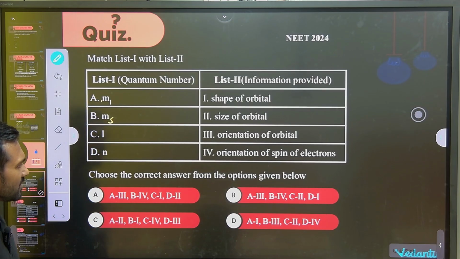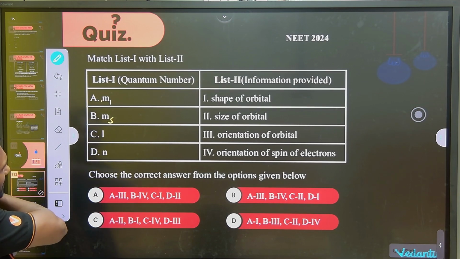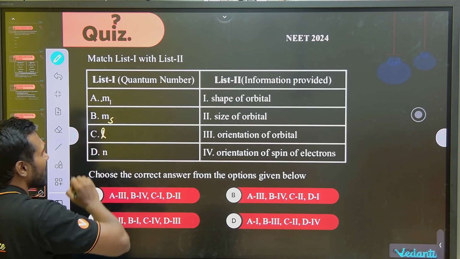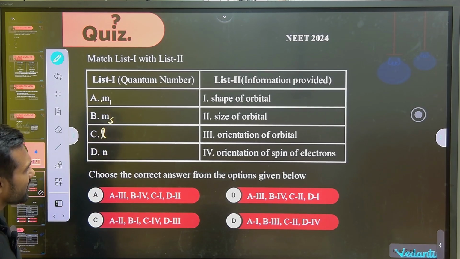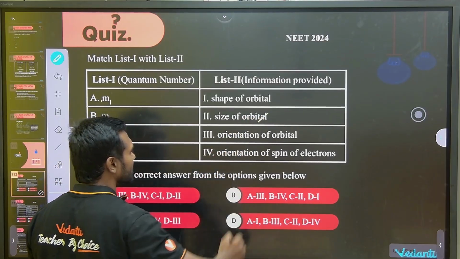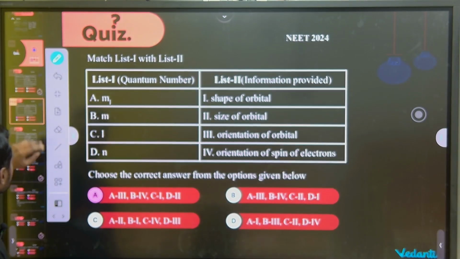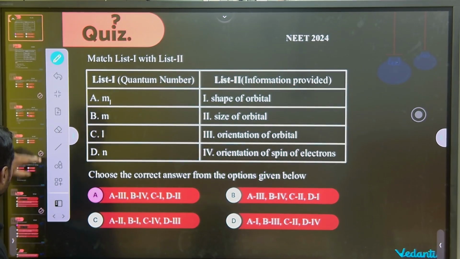That is A3 and B4. And next C, that is l. l is the shape of the orbital. This is the size of the orbit. It's not orbital, it's orbit. So the answer is the first option.